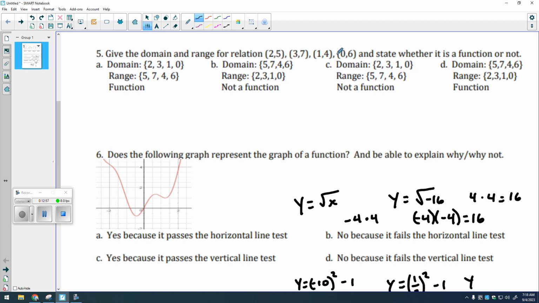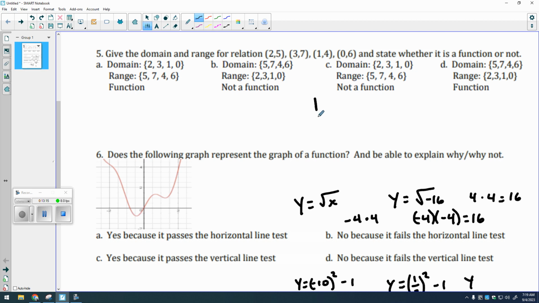Give my domain for this relation. The domain is the x values. This says when x is 2, y is 5. Another point, when x is 3, y is 7. There is no x value in between 2 and 3.